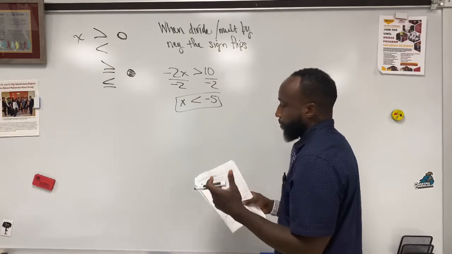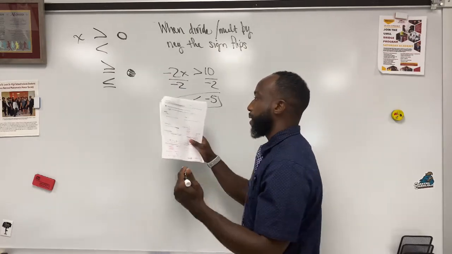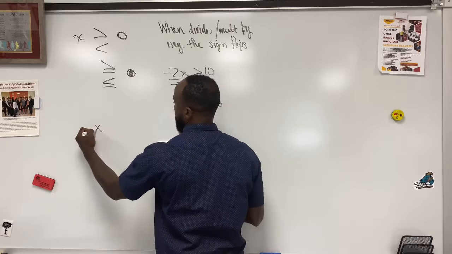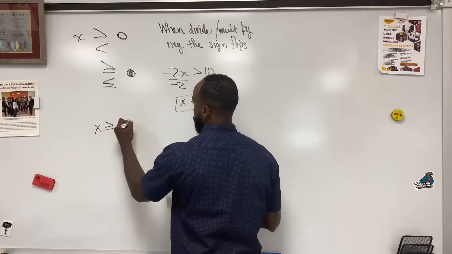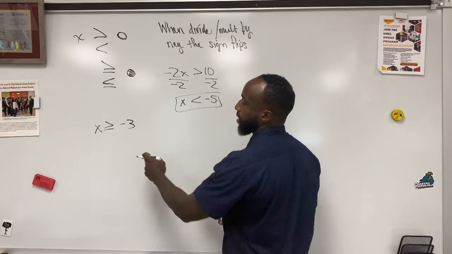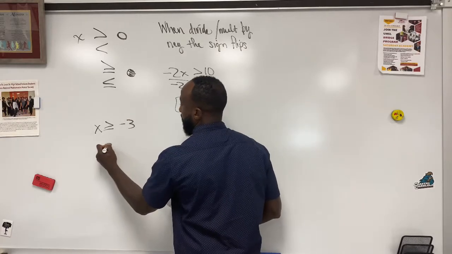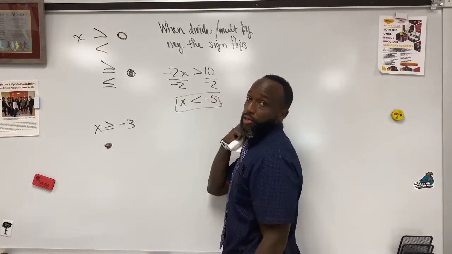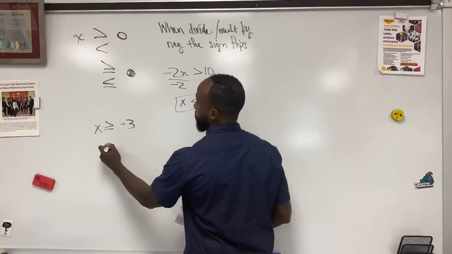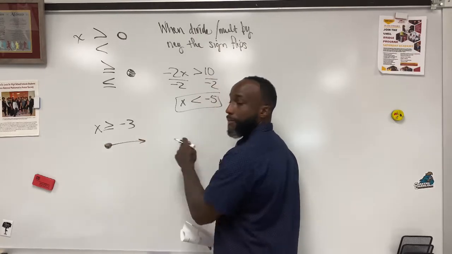Now let's look at some graphing. If I was to graph x is greater than or equal to -3, the or equal to is going to be a solid circle, a solid endpoint. Greater than is going towards positive infinity.